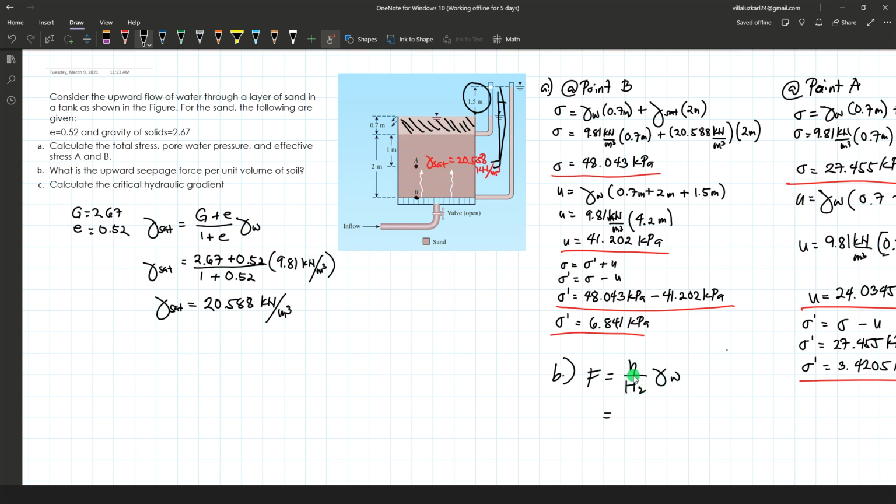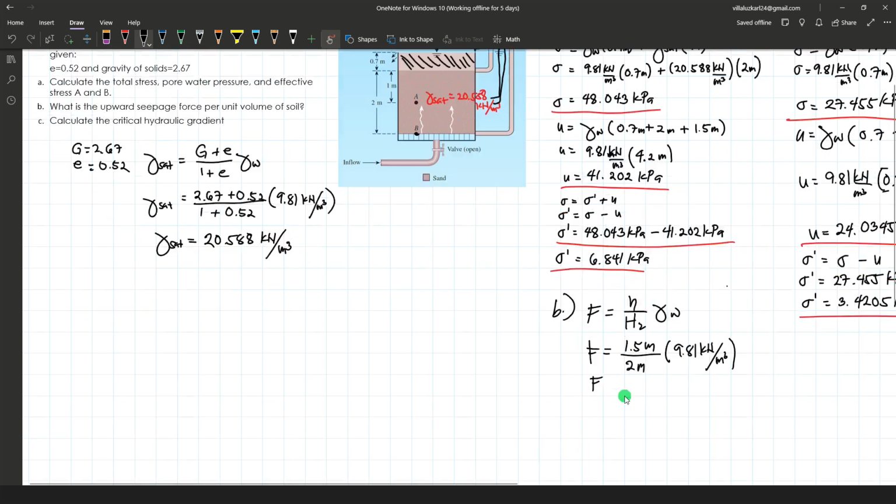H here is the pressure difference, which is 1.5, the total pressure difference from top to bottom of the soil, divided by H2, the total depth of soil, 2 meters. Then unit weight of water, 9.81 kilonewtons per cubic meter. So that's your F.